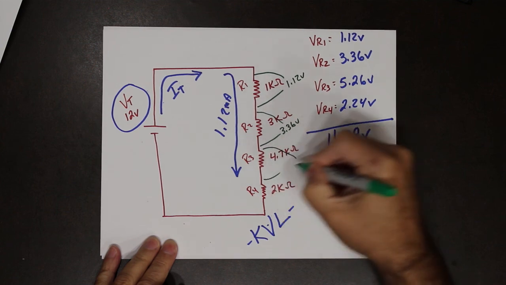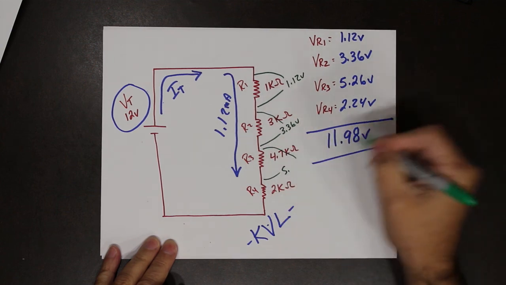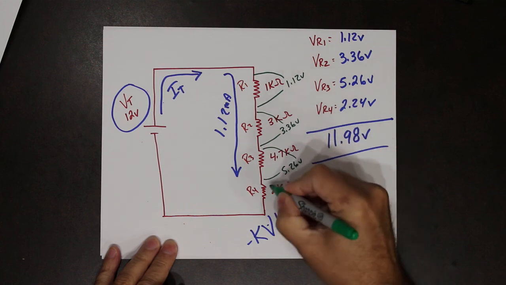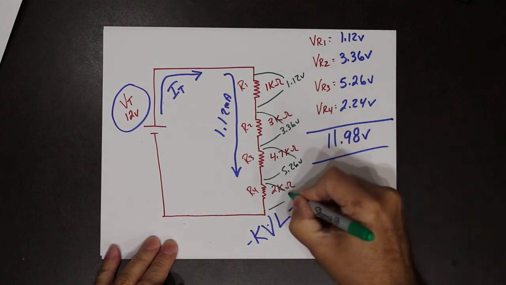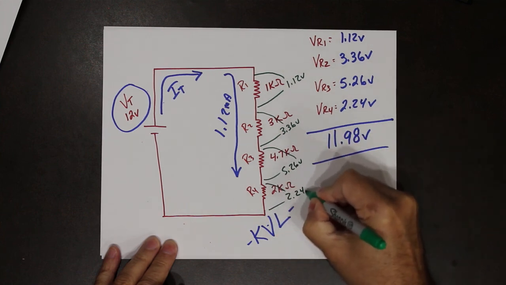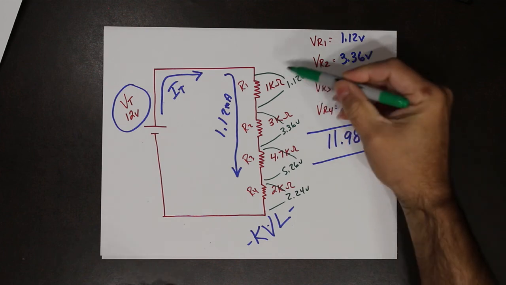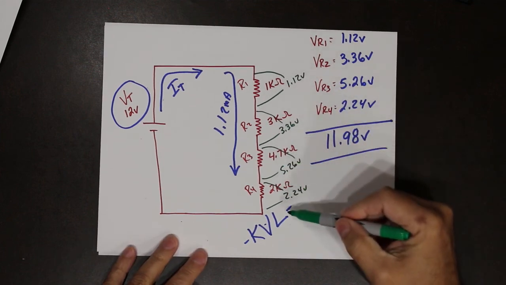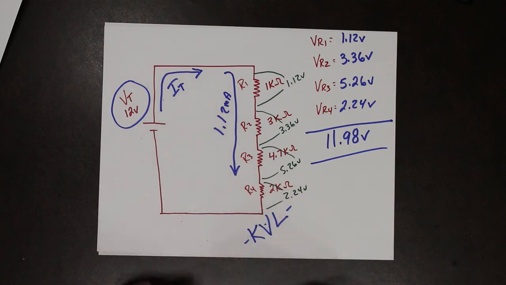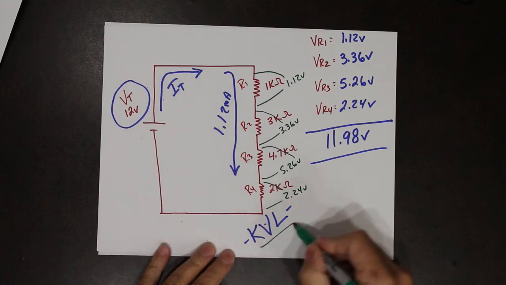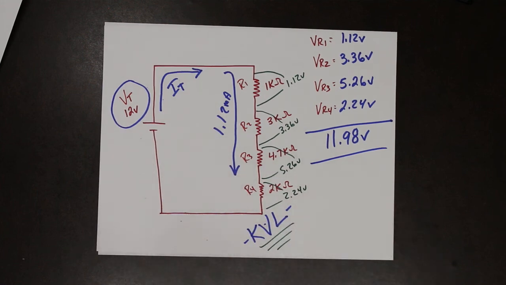This one here, 5.26 volts. And the last one, 2.24 volts. And when you add all of those drops up, they must add up to the total, according to Kirchhoff's voltage law for series circuits.